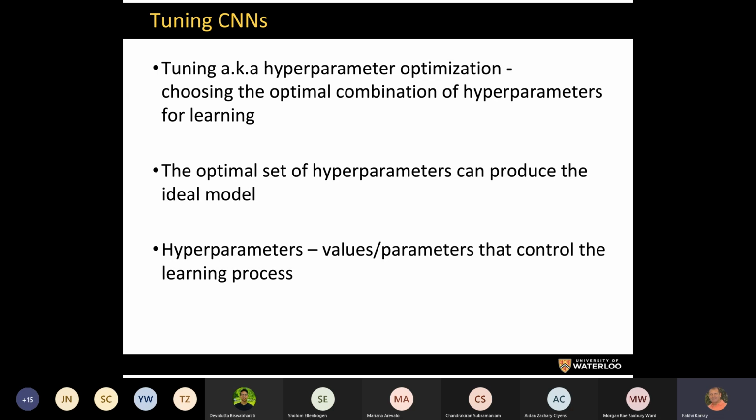Okay. So tuning a CNN is the last part that I would like to speak about here. This is what we call the hyperparameters. They could be in the optimization library that you are utilizing, or in the various regularization procedures. All of them are what are known as hyperparameters, similar to what we have seen in the multi-layer perceptron.